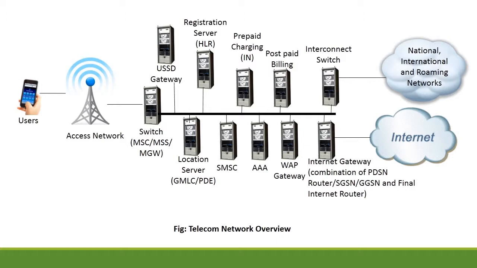HLR contains the information of user location, that means the location of the user's registration. When a user wants to avail the service, he takes authentication and authorization from the HLR. If the HLR permits and does the authentication and authorization, then only the user can avail the service. If the HLR denies, that means the user cannot use the service.